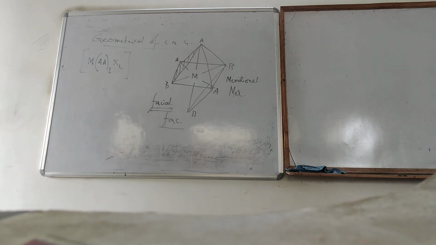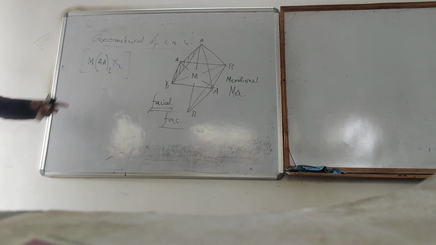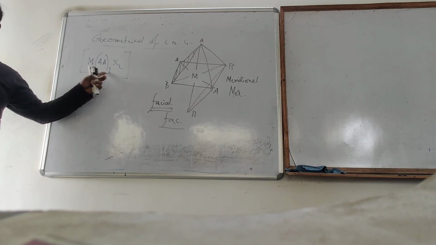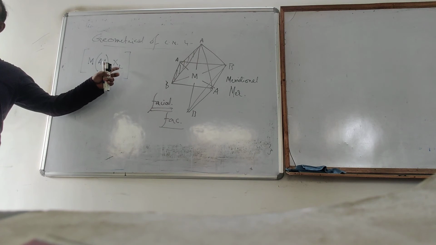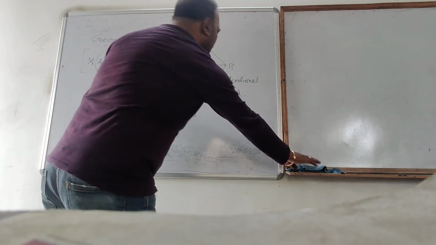Now tell me, how is the coordination number 6 coming? What is A? It is obviously a ligand. What type of ligand? A bidentate ligand, right? So it will be 2 into 2, plus these two, which gives 6.